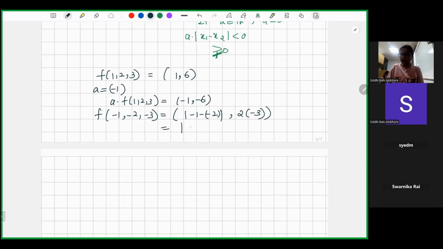So this is 1, comma minus 6. So these two are not equal. You can see that these two are not equal. This is not equal to minus 1, comma minus 6.